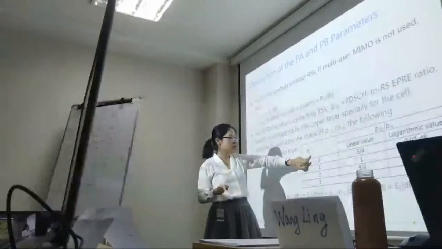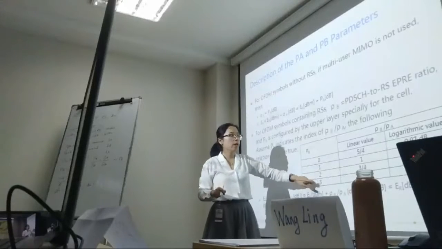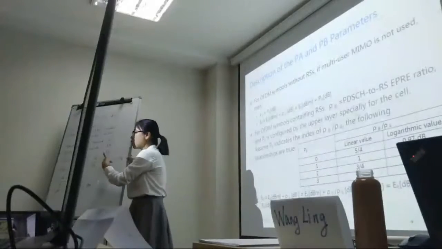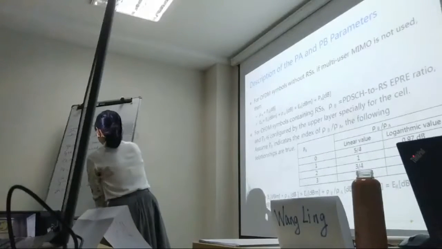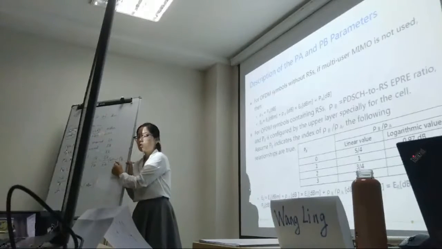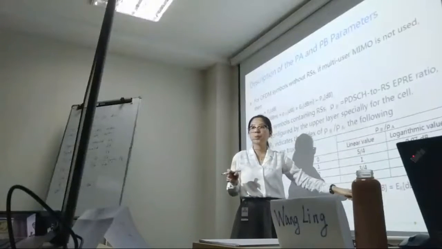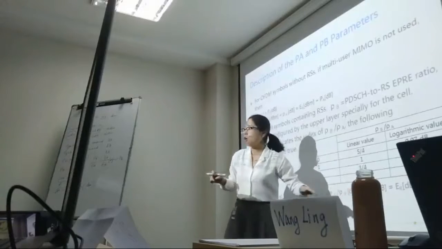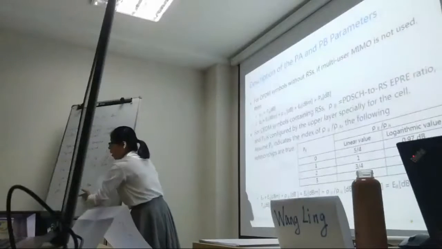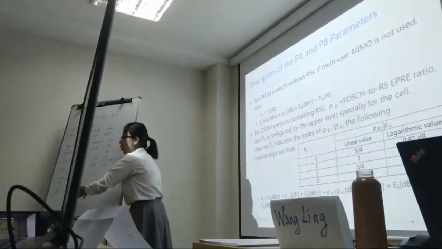PB equals 0, 1, 2, 3. Here is the rho B divided by rho A. This value, the unit is what? This value is a linear value. So also we want to change it to the log value. Then we can use minus directly. Yes, we can use minus directly.